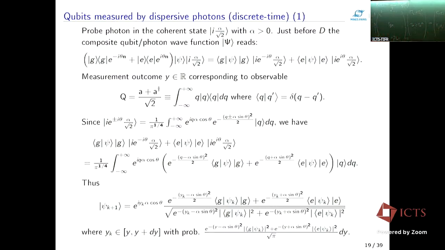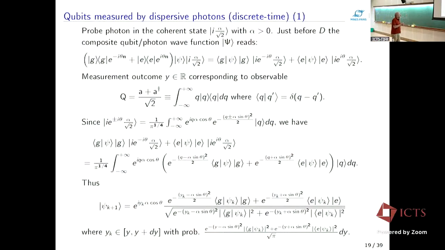It is continuous, so the outcome is a continuous label, not a discrete one. So here is the measurement of Q, where A is the annihilation operator. And you can always describe it as a sum of orthogonal projections on the Q value.